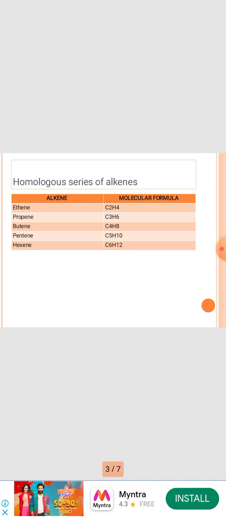Since the molecular mass keeps increasing with every addition of a carbon atom, physical properties also differ, because an increase in molecular weight affects the melting point, boiling point, or even density and viscosity. So physical properties of homologous series will always differ, whereas chemical properties will be the same.